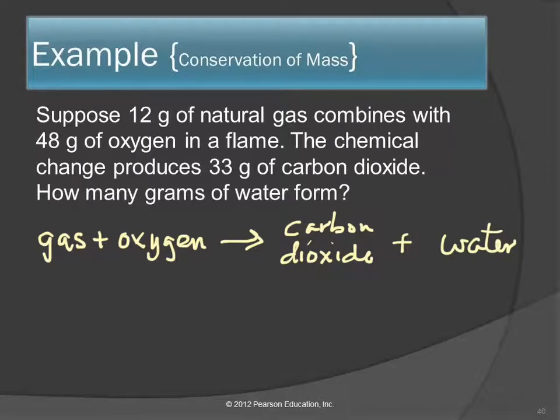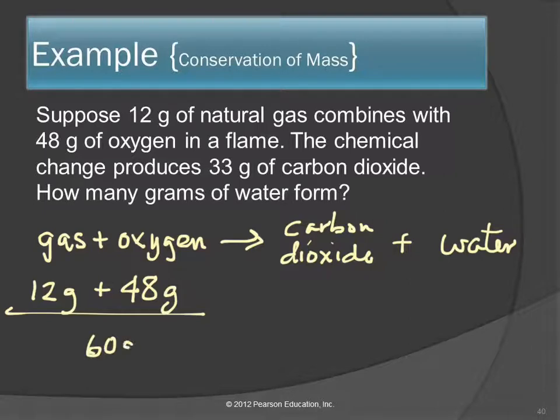Okay, they told us how many grams of gas. 12 grams of natural gas, and it's reacting with 48 grams of oxygen. If we add those together, we get 60 grams, right? And it says it makes 33 grams of carbon dioxide. How many grams of water?